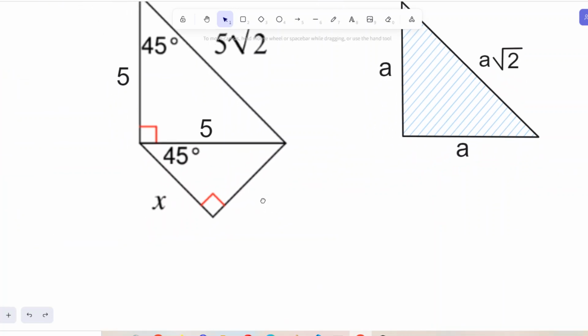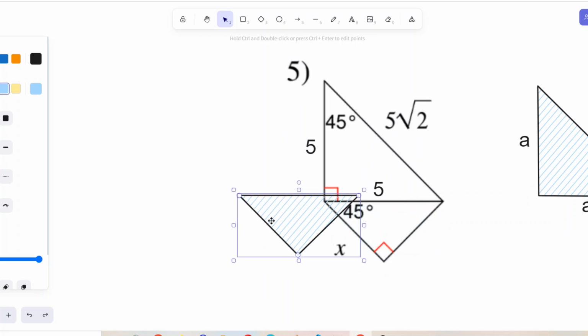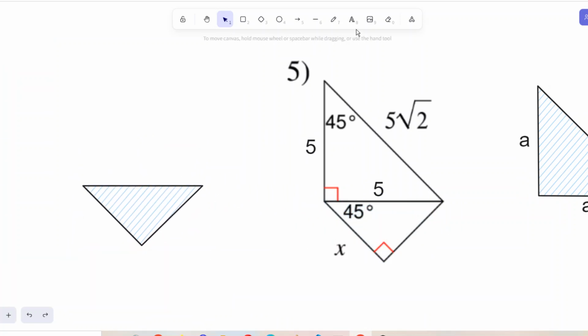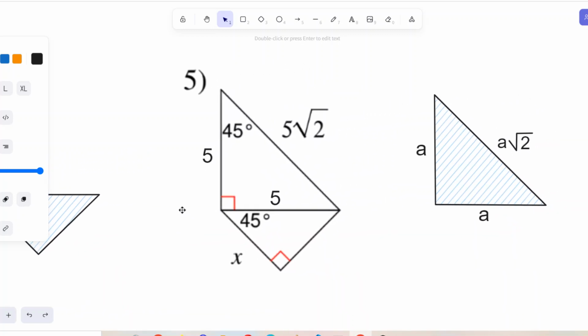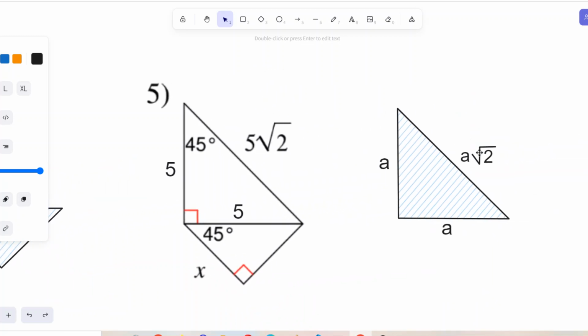And then now we have a little bit of the harder case where you're given a hypotenuse as an integer. So it's not written as something times root 2. So we just have this with a 5. So we need to express 5 as something times root 2.